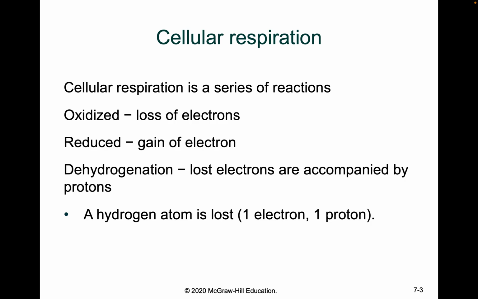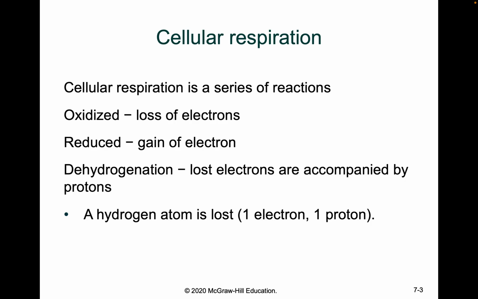When you remove electrons, these electrons still have energy in them. We don't want to lose them. So the best thing for us to do is to have some sort of molecule coming in and accepting these electrons, so we can still maintain that energy. So we have some compounds that will gain an electron. And this is again the redox reactions. When we break down these organic molecules, so we oxidize them, they're going to lose electrons.